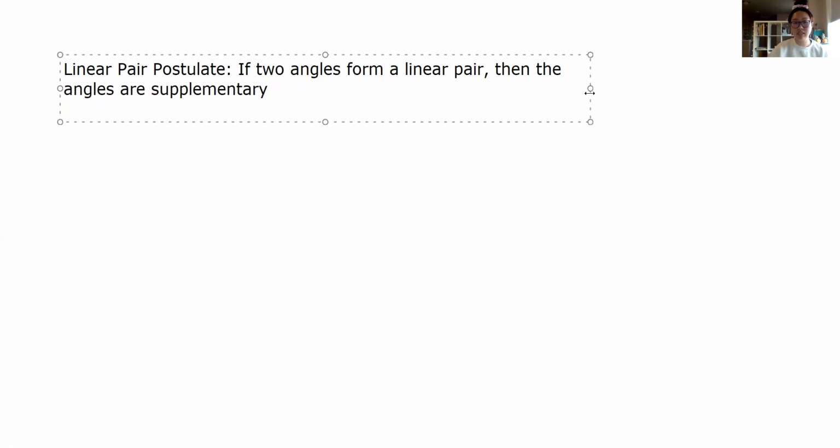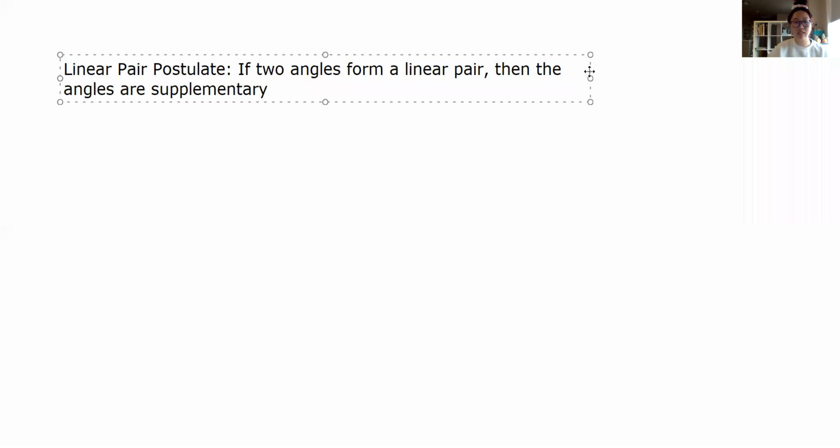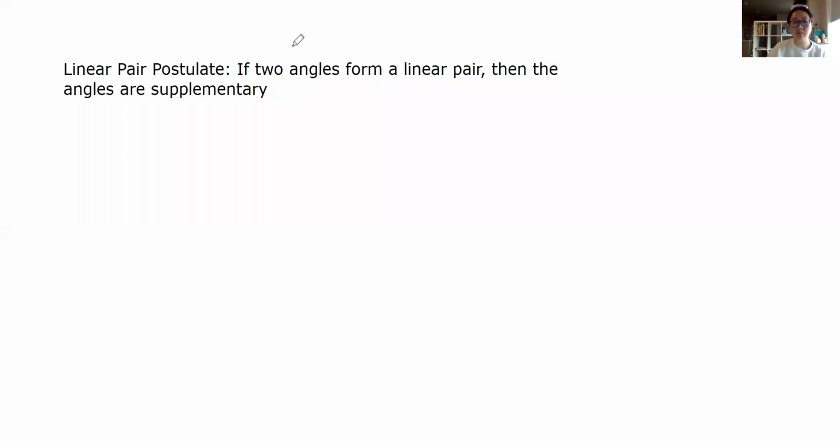So let's break down this definition a little bit. When we talk about a pair, that's where the term two angles are coming from, because we do need two angles to form a pair. And then also thinking about this term linear pair, that means that they have to be on a straight line together, on a line.